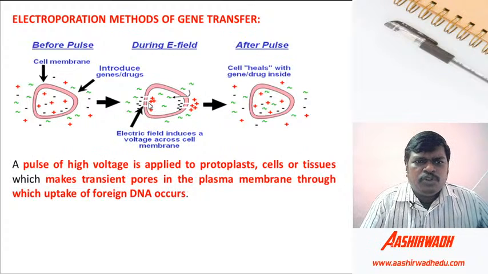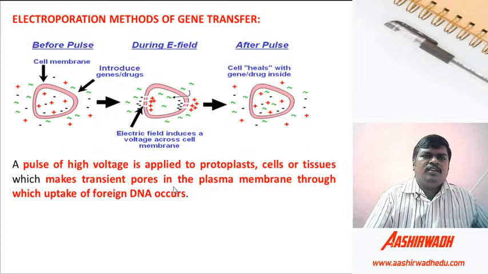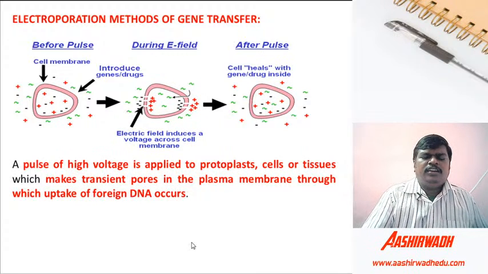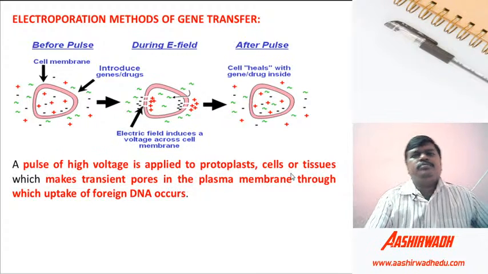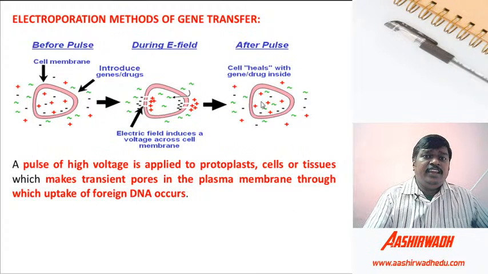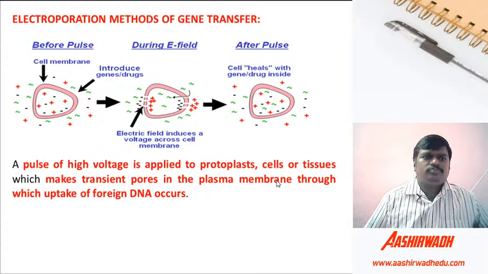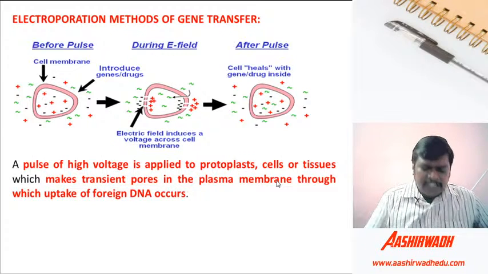With the help of those pores, they will inject the DNA into the cell. And then the cell heals with genes or drug inside on its own. This is the electroporation method of gene transfer.